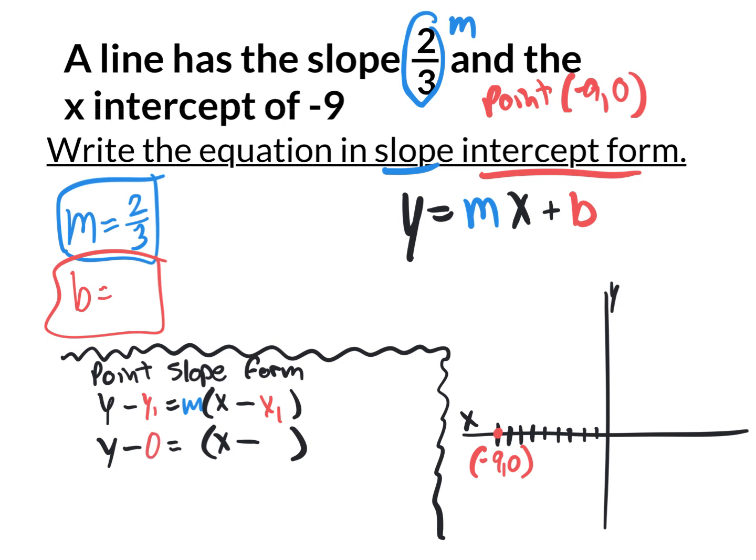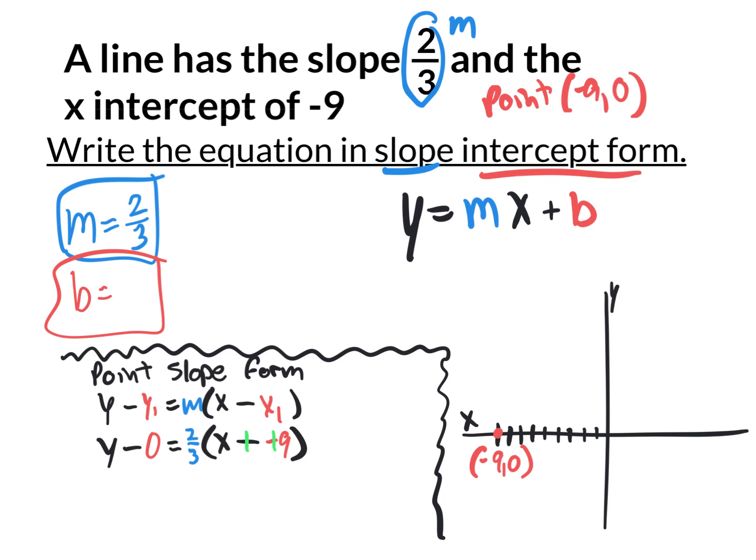The m value is 2/3. They gave us the slope. That was easy. M is 2/3, put in 2/3. And the x1 value is the x value of that point that they give us, which is a -9. And of course, the minus minus changed to plus plus. So there's our point slope form equation, but they want it in slope intercept form. So we don't want point slope form.